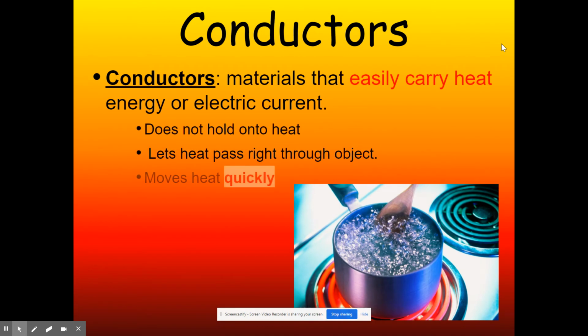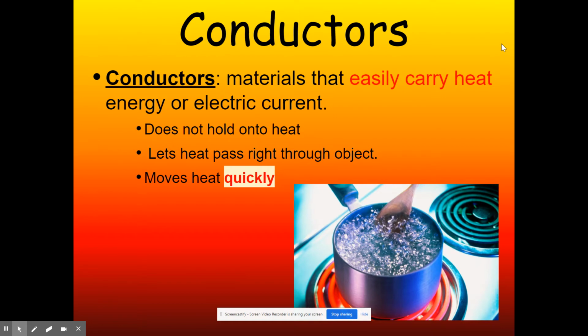We know that some materials are called conductors, and we talked about this when we talked about electric circuits and how in order for the electricity to pass in a circuit, it needs to have a source, like a power source, and then it needs to have an output device, which would be either the light bulb, the motor, or the buzzer, and then it would also need to have conductor wires, which would connect them all.